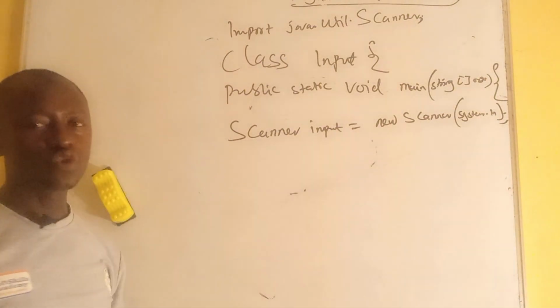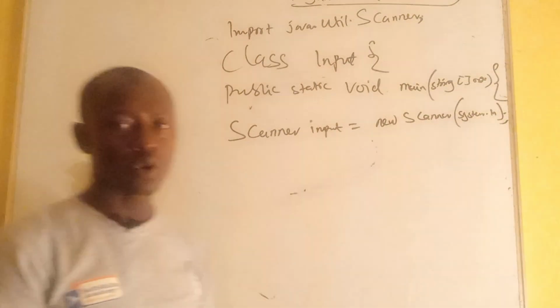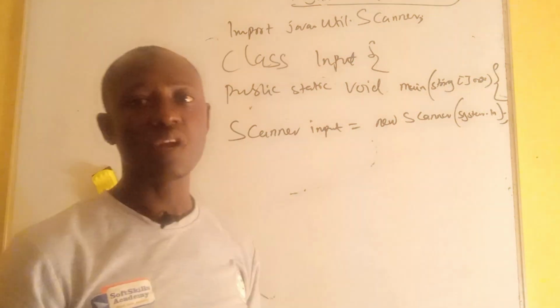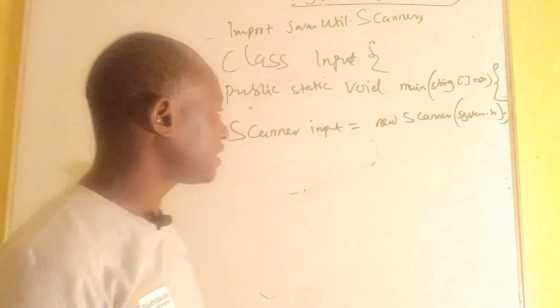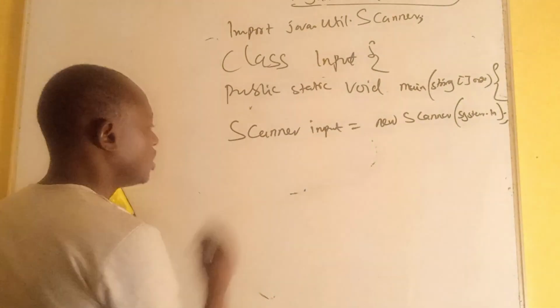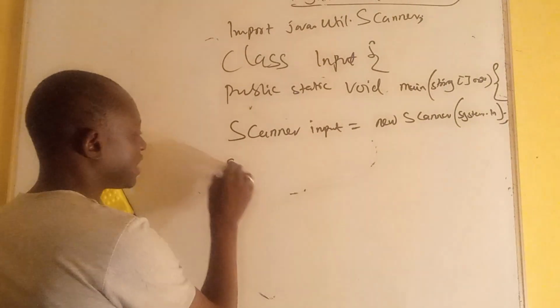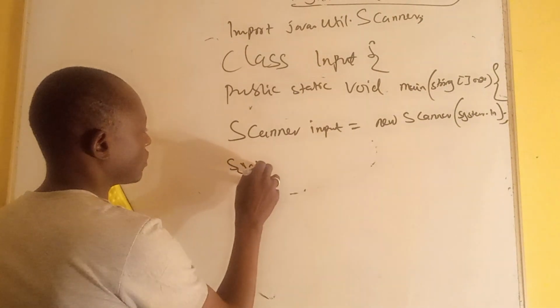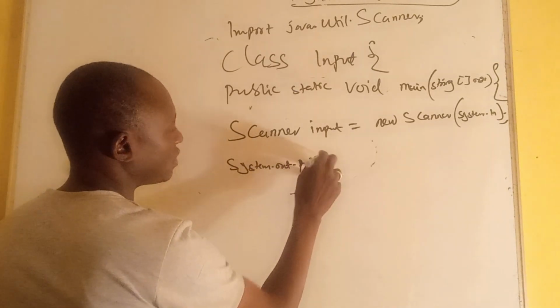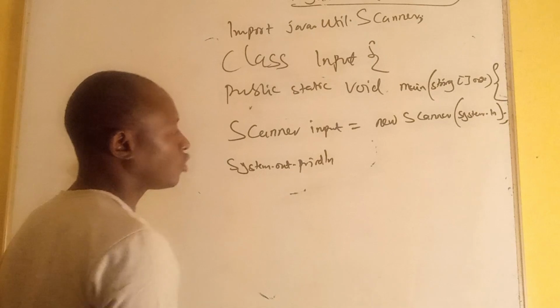So what we are going to do now is accept something, but we don't want the system to be blind. That's why we said our program needs to be pragmatic, right? So we are going to have a display on the screen. To display something on the screen, we can say System.out.print, isn't it? We adopt this.